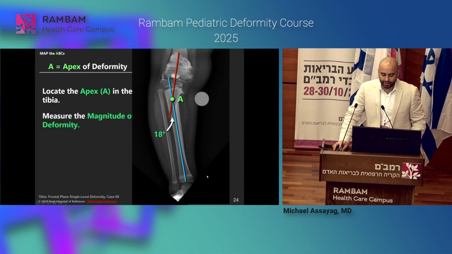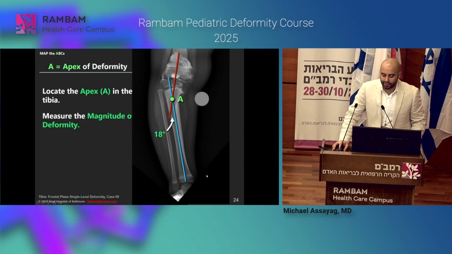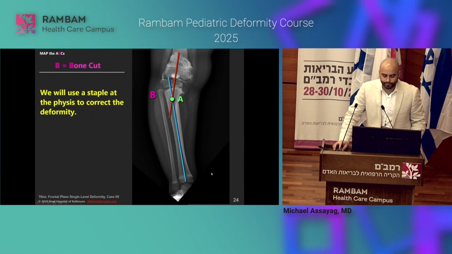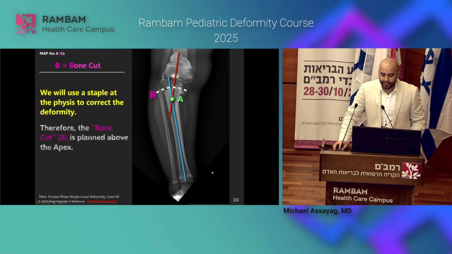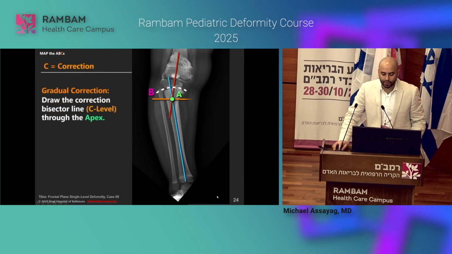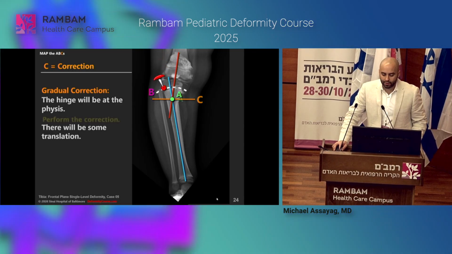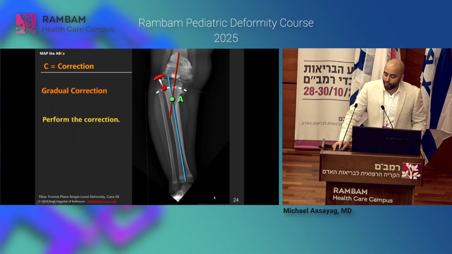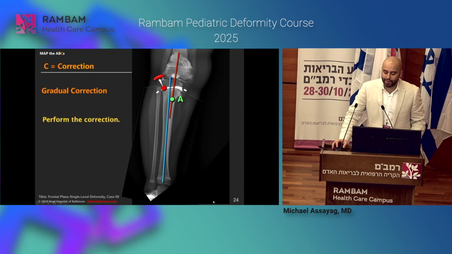Dr. Herzenberg did something that's slightly novel. He found an 18-degree correction, but he decided to do the correction at the physis to use this patient's natural growth to make it minimally invasive. So we decide to hinge slightly away from the joint. So what is going to happen if we do that?